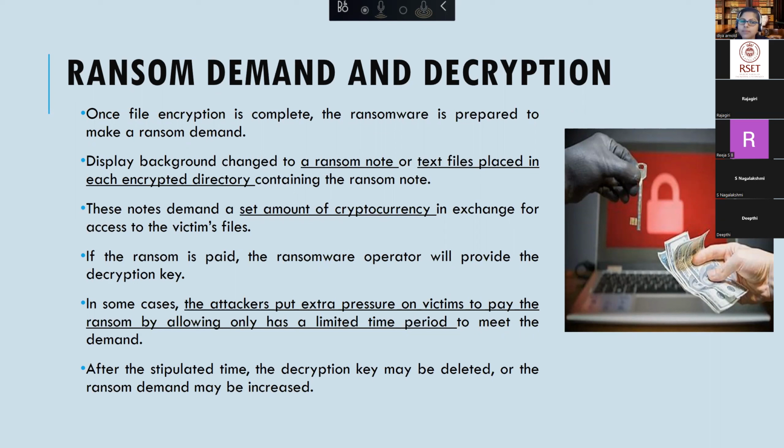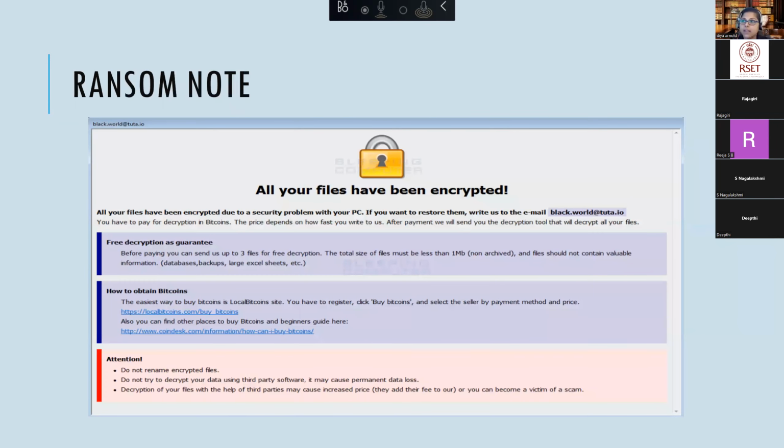In certain cases, they put pressure on the victim to pay by providing a stipulated time period. This is a very good example of a ransom note, where the attacker has provided instructions to pay the ransom.